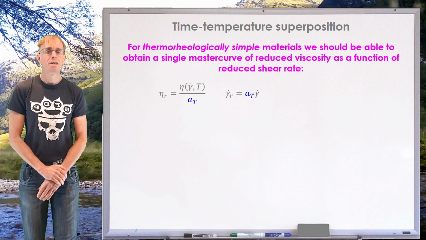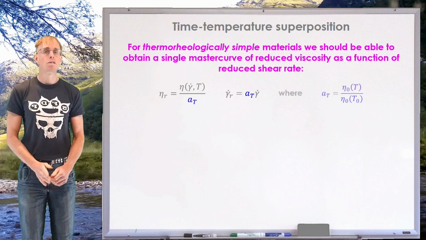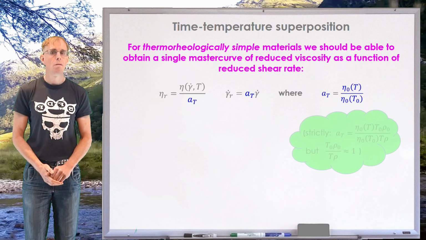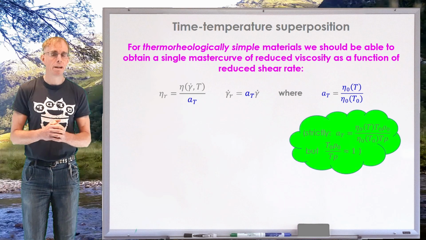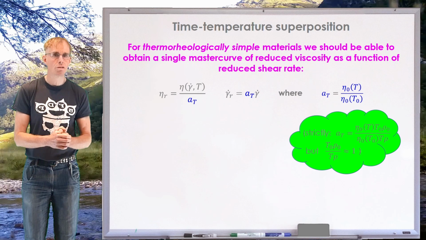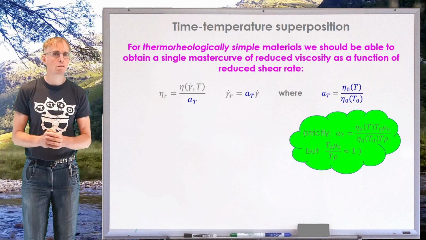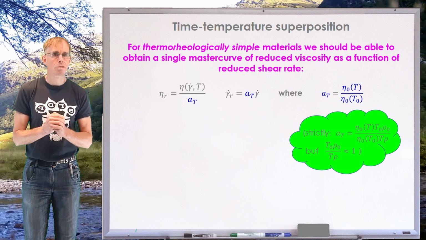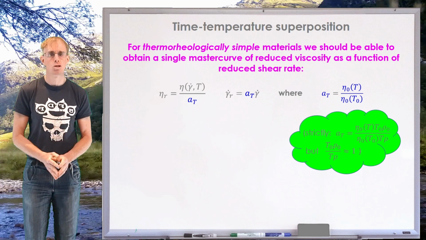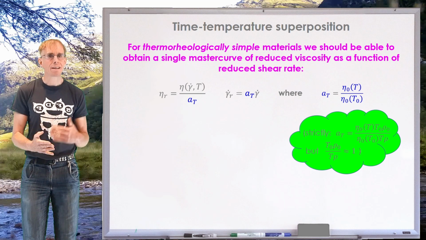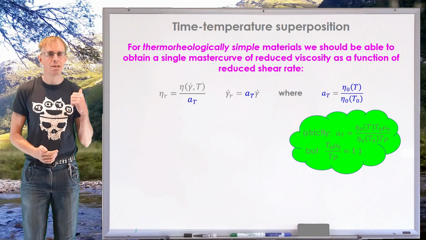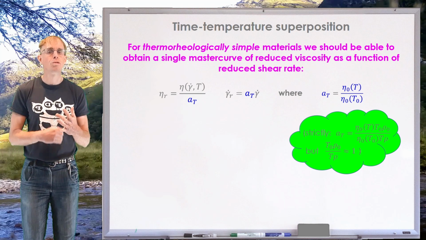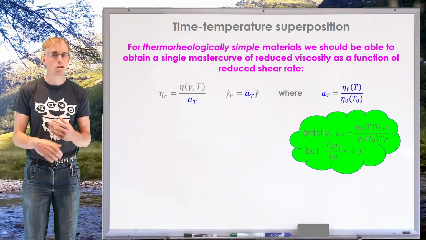And my shift factor AT can quite simply be estimated by the ratio of the low shear rate plateau viscosity at the temperature of interest divided by the low shear rate plateau viscosity at whatever temperature we designate to be a reference temperature. Okay, that is a bit of a simplification because strictly the relationship for my shift factor AT also involves the ratio of the reference temperatures and the ratio of the densities.